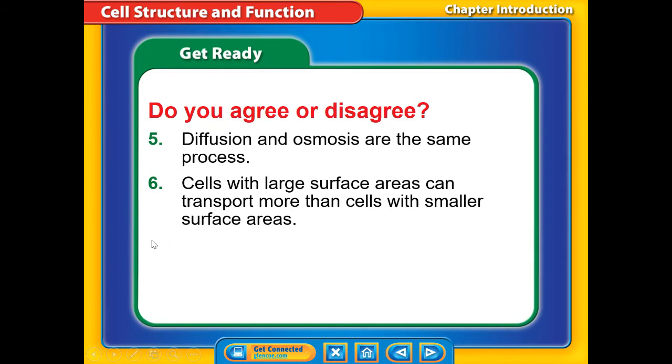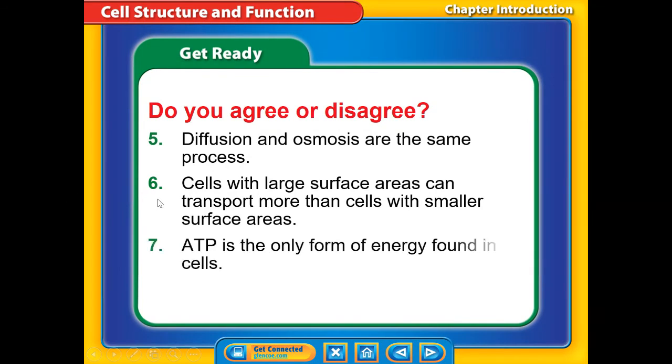Cells with large surface areas can transport more than cells with small surface areas. So surface area would be like the outside of a ball, or if you were calculating the surface area of a cube, it would be multiplying the different side areas together and combining those to get your area.